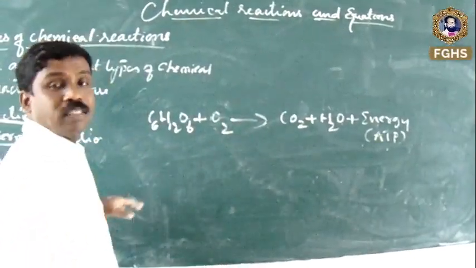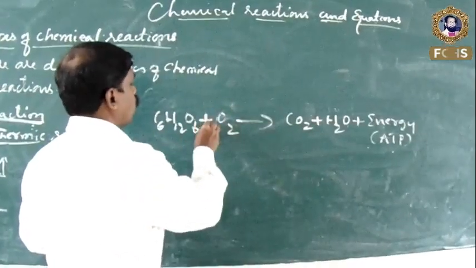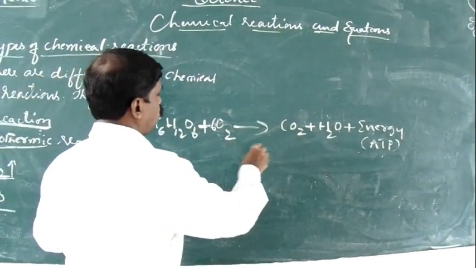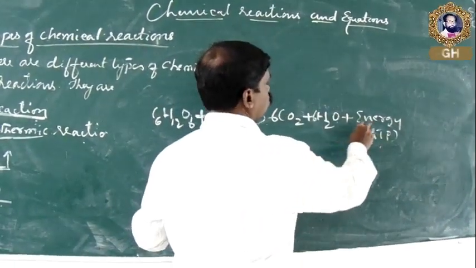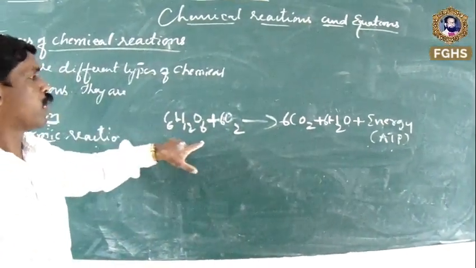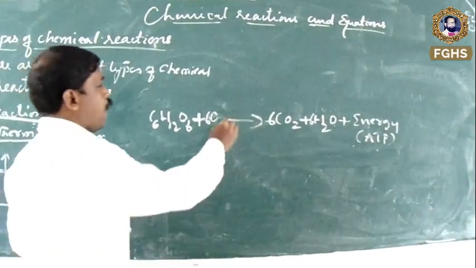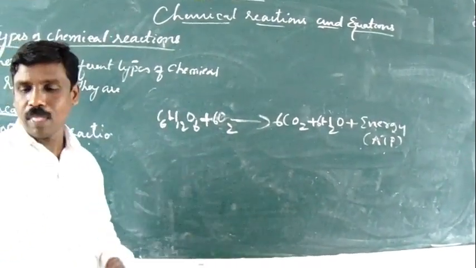But here we have to balance the equation. C6H12O6 will react with 6 molecules of oxygen and give rise to 6 CO2, 6 H2O plus energy. This is how the respiration process takes place, and as a result of this, heat is produced in our body.